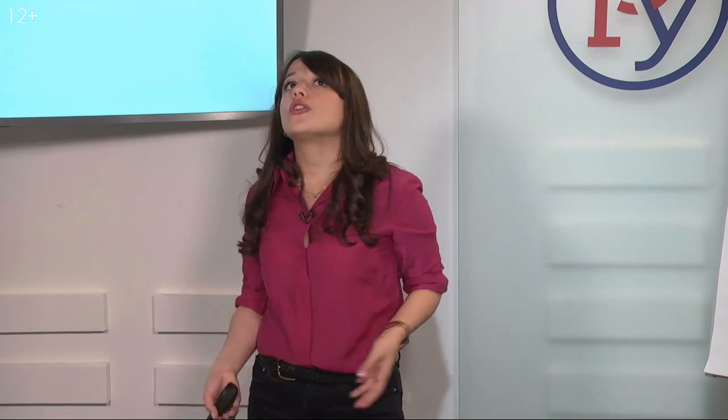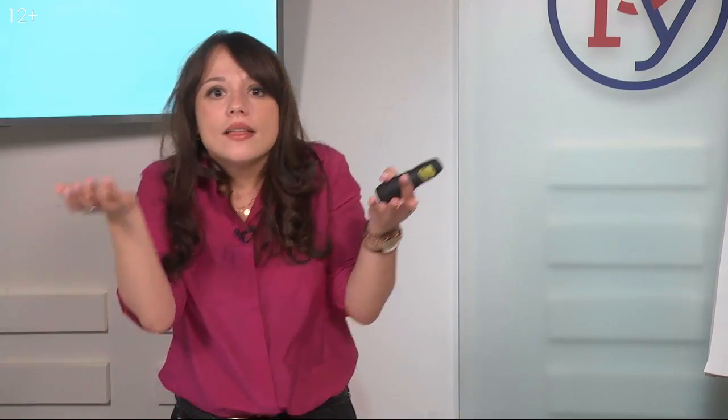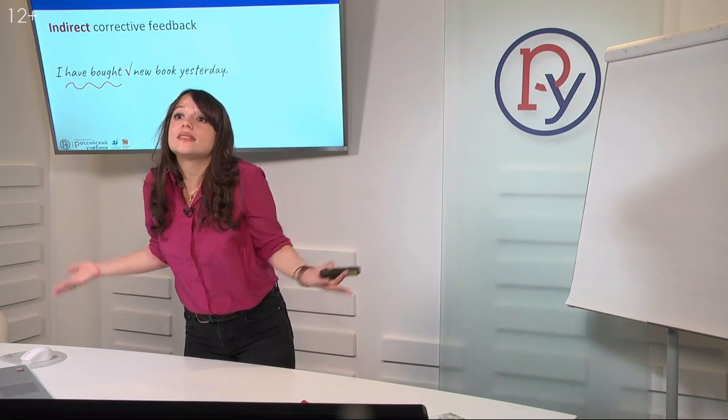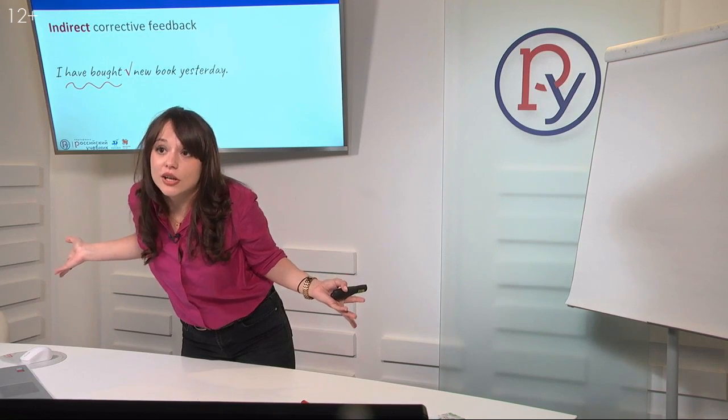I have heard from my students so many times that teachers just underline some bits of the text and they actually have no clue what's going on. They just receive their written works with some bits underlined. Does it mean that it's good? Doesn't mean that it's not very good. If it's not very good, then what's incorrect over here, right?